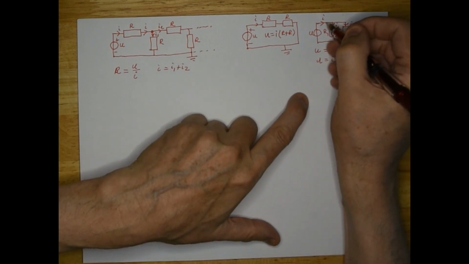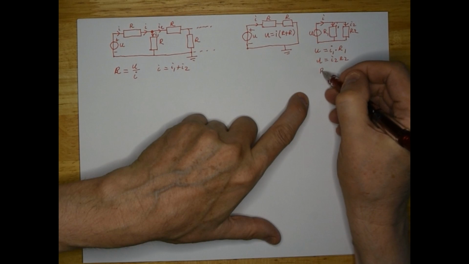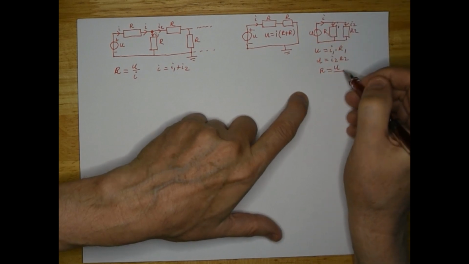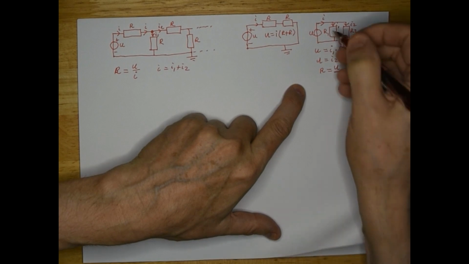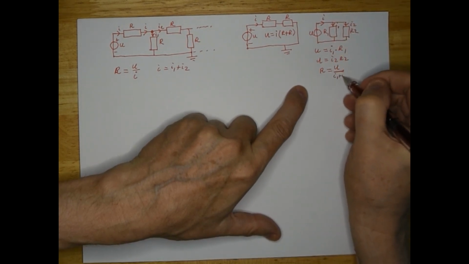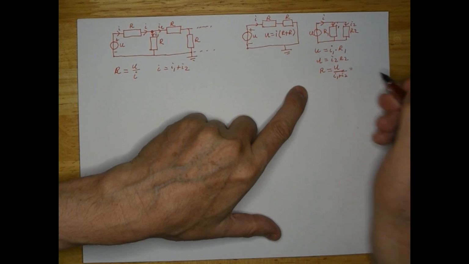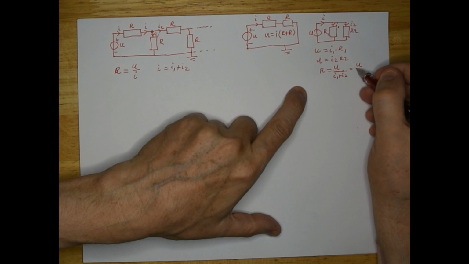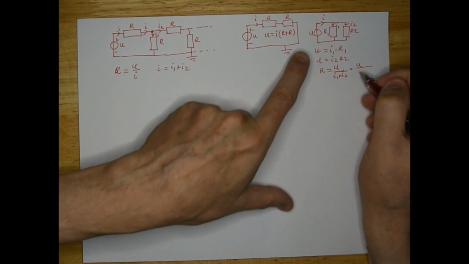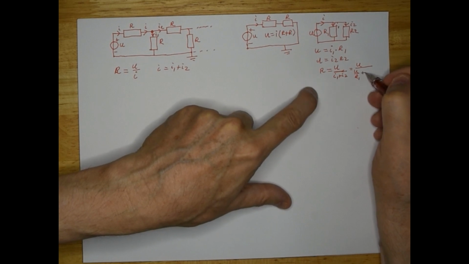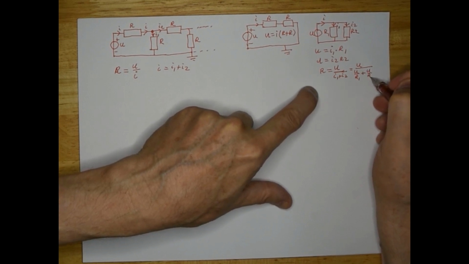What is the resistance on this terminal? The resistance R equals U over I. And according to Kirchhoff, I is the same as I1 plus I2. I1 according to this one, we can fill out. That's U over R1 plus U over R2.